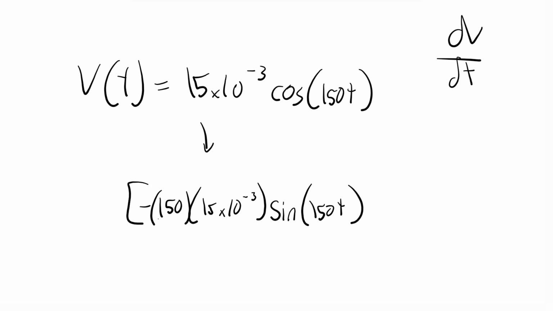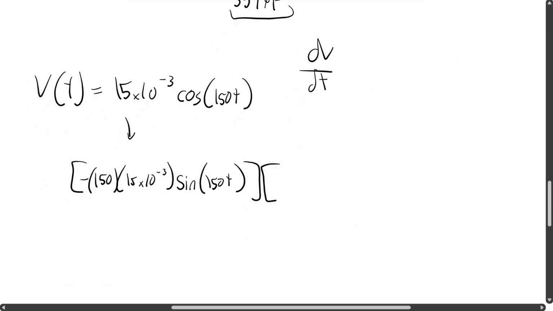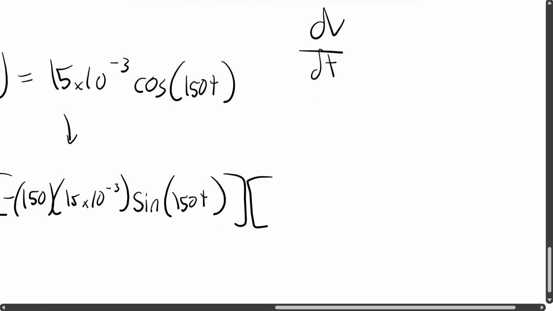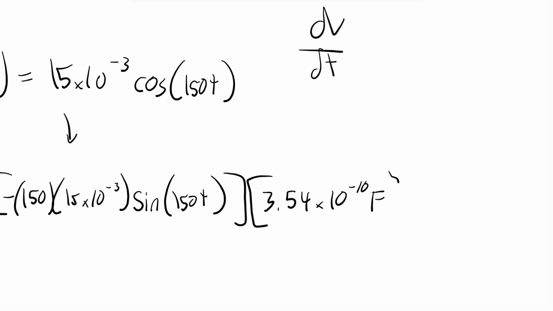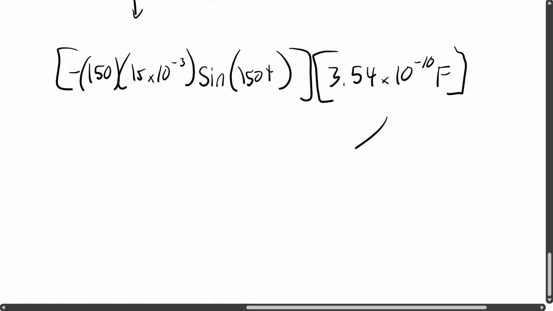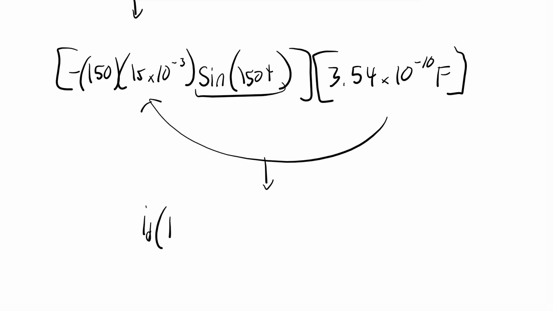Done. Take this, multiply it by the capacitance that we just found, which we found to be 354 picofarads. And what you get is one very tiny coefficient in front of the trig term that gives you your displacement current as a function of time.